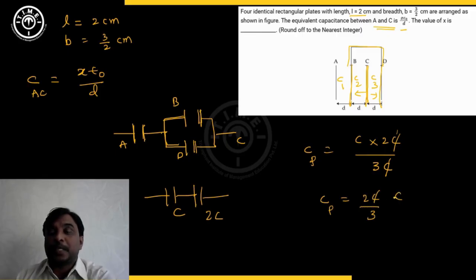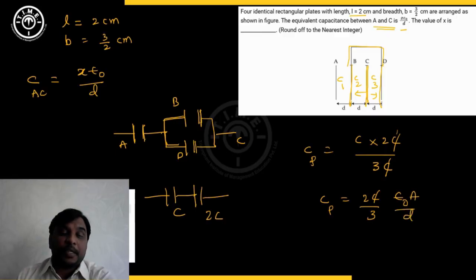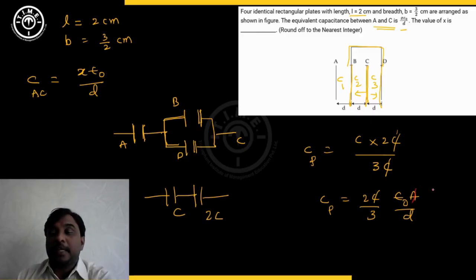What is C? C is epsilon naught A by D. Now you know what the A value is. Here let me change the color. See what the A value is. A is length into breadth. Now the rest of the values you can write. This is CP is equal to 2 by 3 epsilon naught. Length given as 2. Breadth is given as 3 by 2.